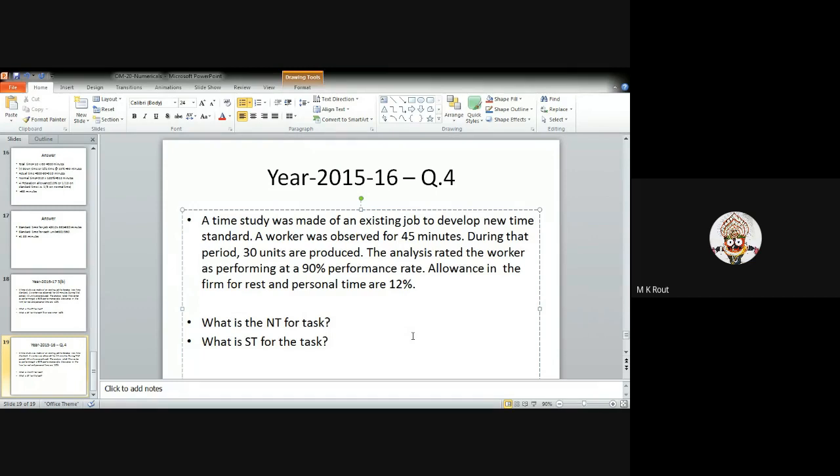A time study was made on an existing job to develop a new standard time, and the worker was observed for 45 minutes. During that period, 30 units were produced. The analyst rated the worker as performing at 90% performance rate, and the allowance for rest and personal time is given as 12%. What is the normal time for the task and what is the standard time for the task?